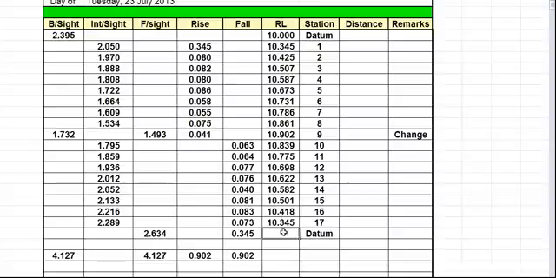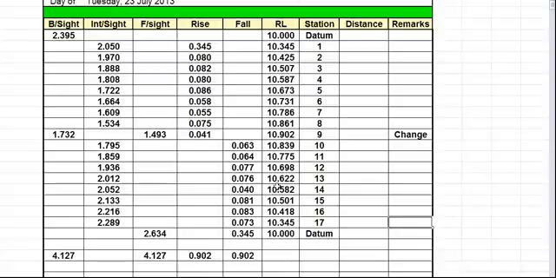And 10.345 minus 0.345 will give us 10 meters, which is good because that is back to our datum, and we know that the RL of our datum was 10 meters. So the difference between our first RL and our last RL is 0. So our spreadsheet or our level book works out, and it is correct, and our survey is accurate.